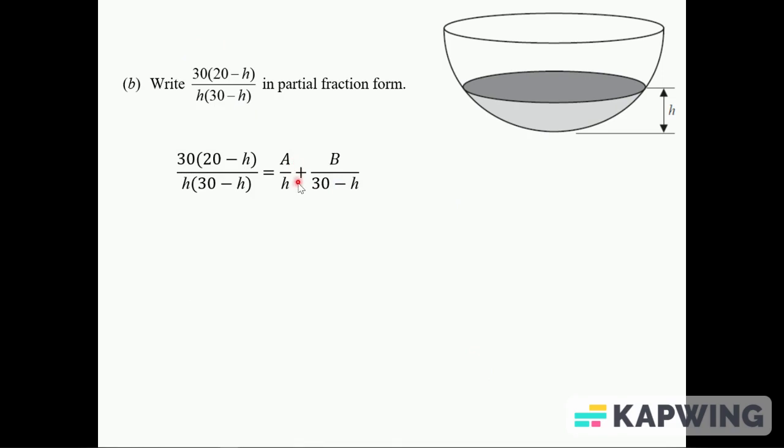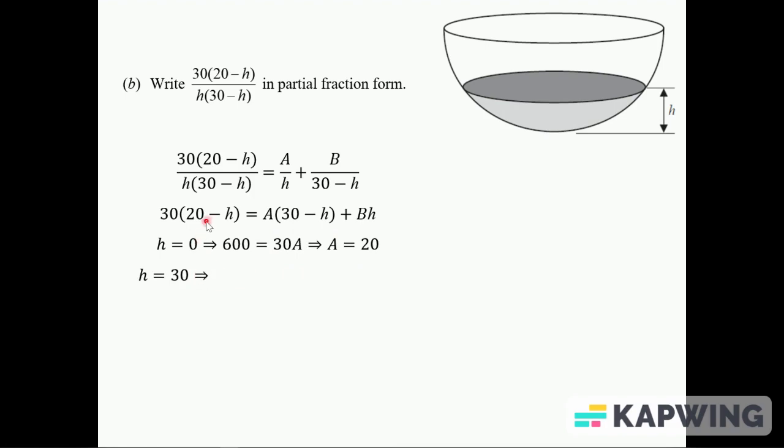So we write it as something over h plus something else over 30 minus h, multiplying through by that denominator. I can pick some values in. h is 0 is a good one, I think. Makes that term disappear. So I'll have 600 over here, 30 times 20, is 30a. That gives me a is 20. And then putting h is 30 in, I could put anything in really.